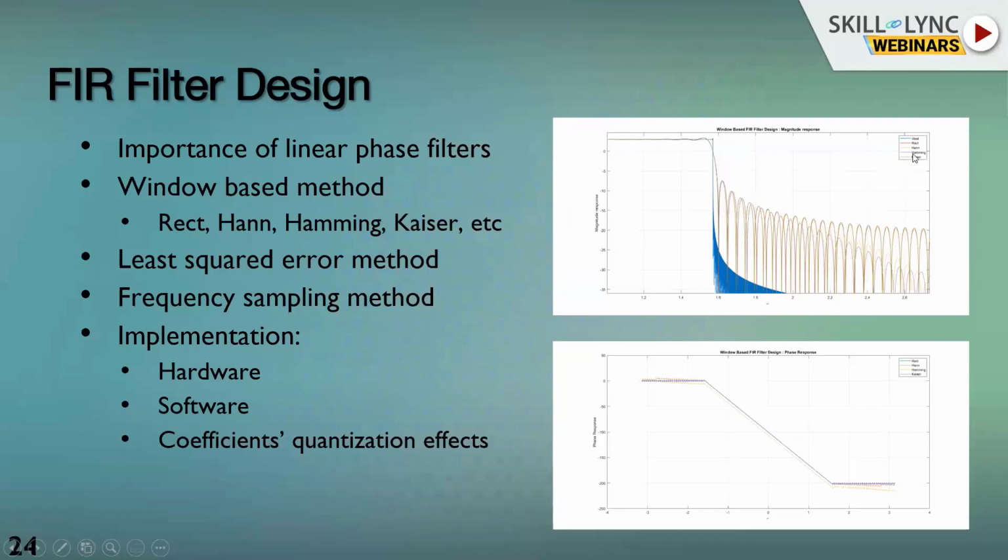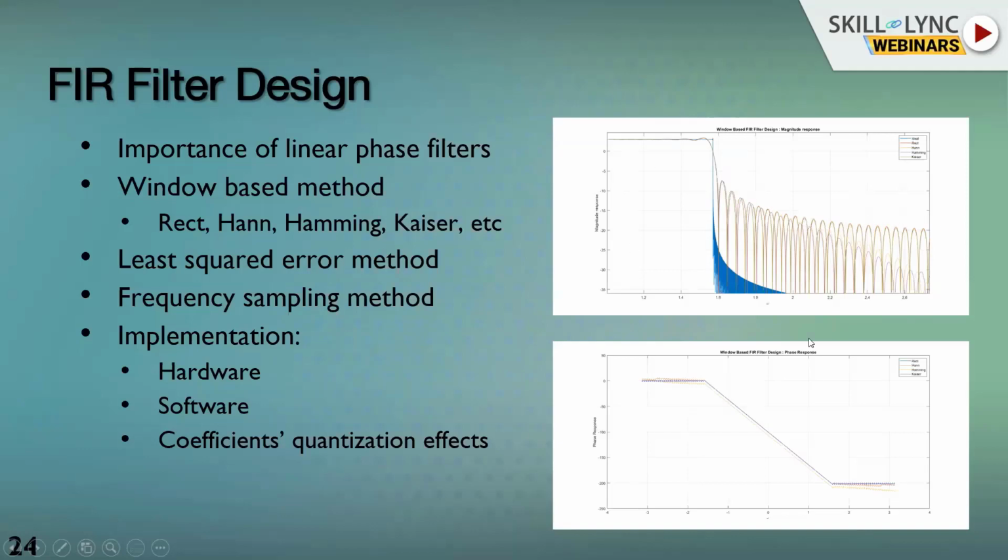Using different windows can improve the stop band attenuation further. We can see the Hamming window, shown in purple color, is giving us more attenuation at higher and higher frequency, whereas the Kaiser window is not giving as much stop band attenuation.